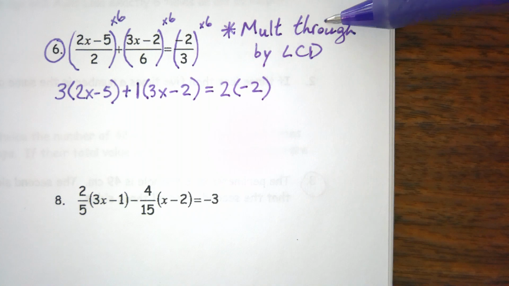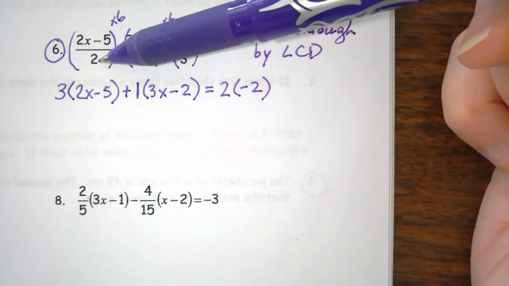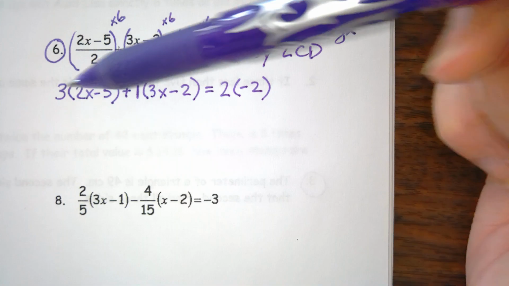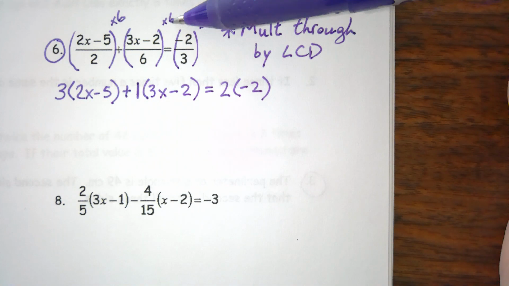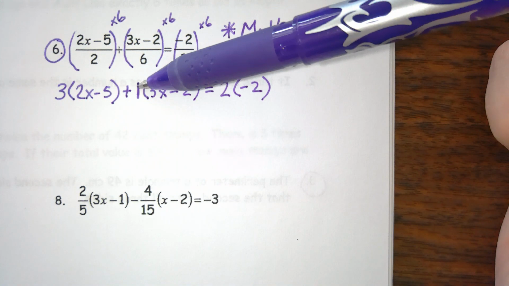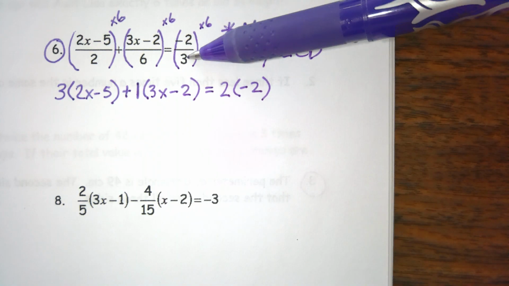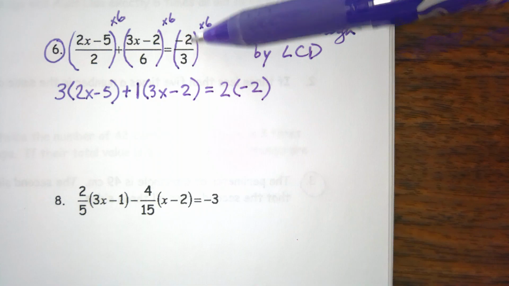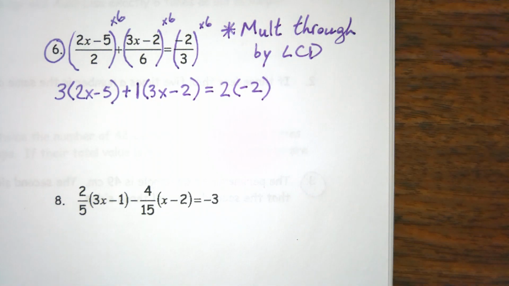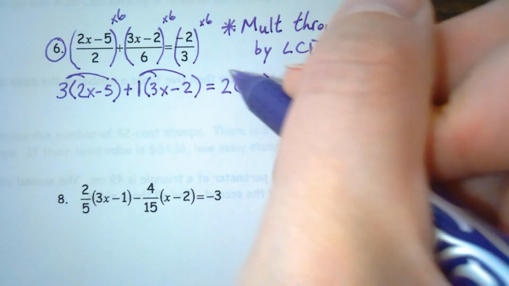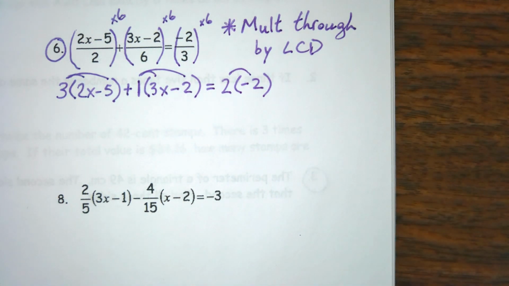That's what multiply through means. 6 divided by 2 is 3, so I have 3 times my numerator. 6 divided by 6 is 1, so 1 times my numerator. 6 divided by 3 is 2, so 2 times my numerator. Now no more fractions. This looks just like example 1. Alright, distribute, distribute, distribute, and just times.